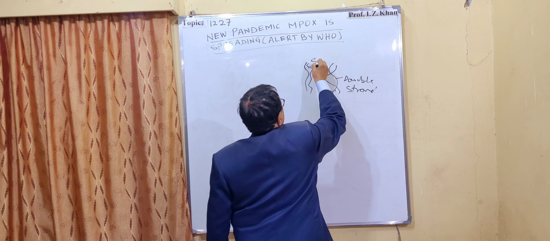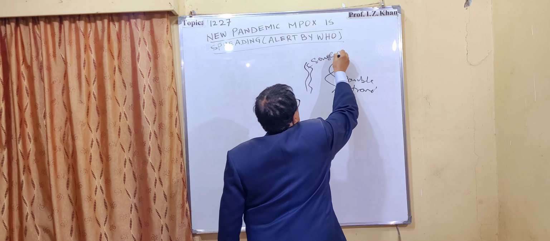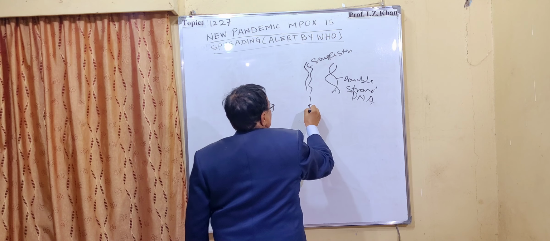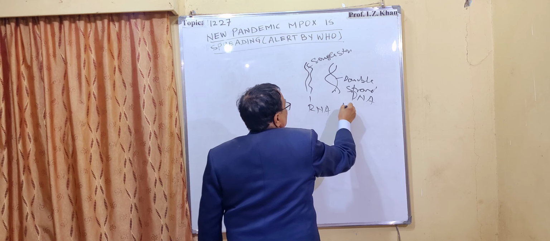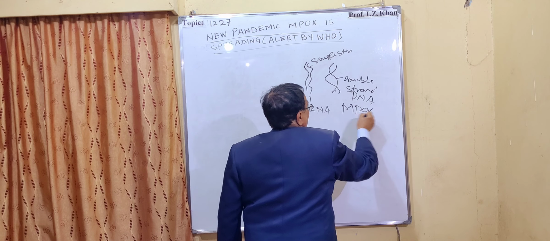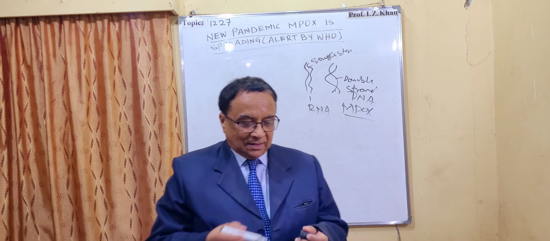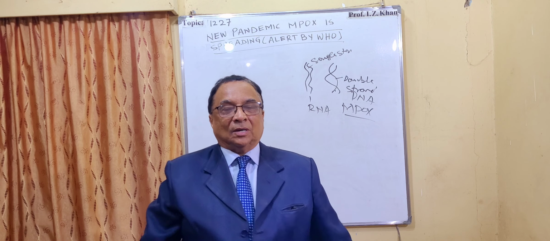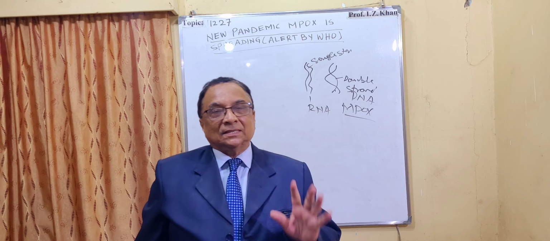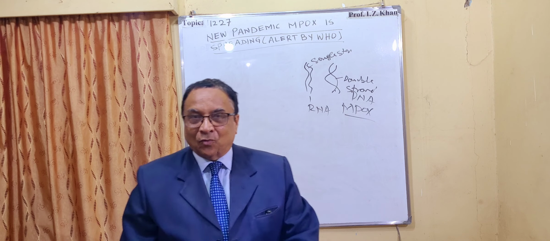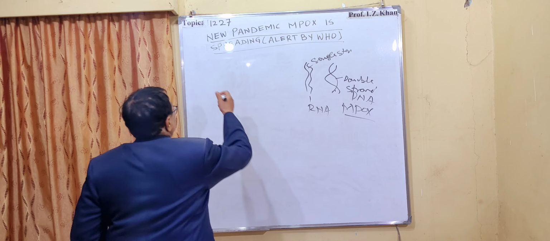This is single strand, this is DNA, and this is RNA. So this Mpox virus is actually a double helix or double strand virus, and here the name of the virus is pox.